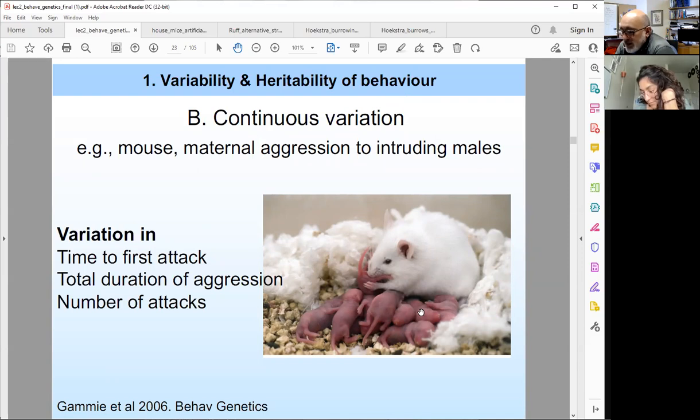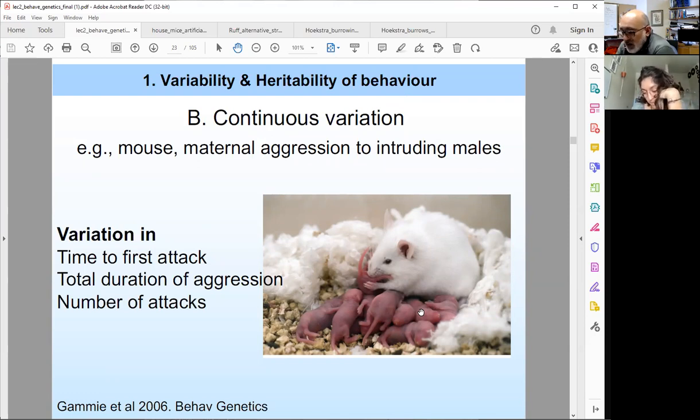And we know that there is variation in several aspects of this behavior: the time to the first attack, the total duration of aggression, and the total number of attacks are aspects of this maternal aggression behavior that can be quantified.